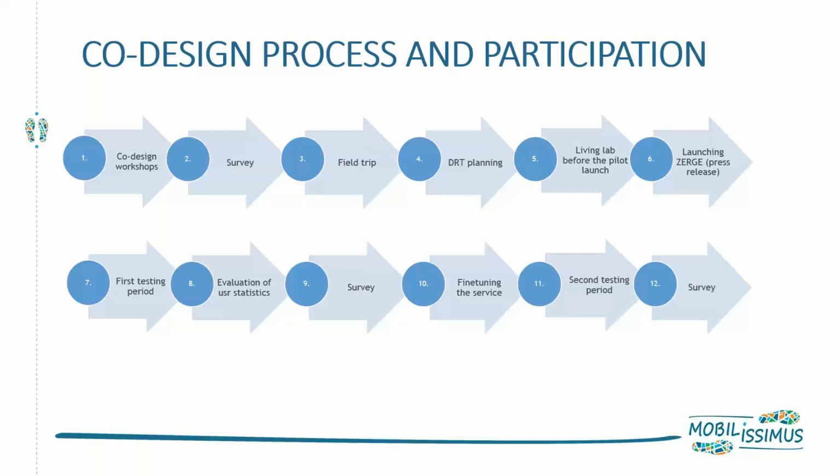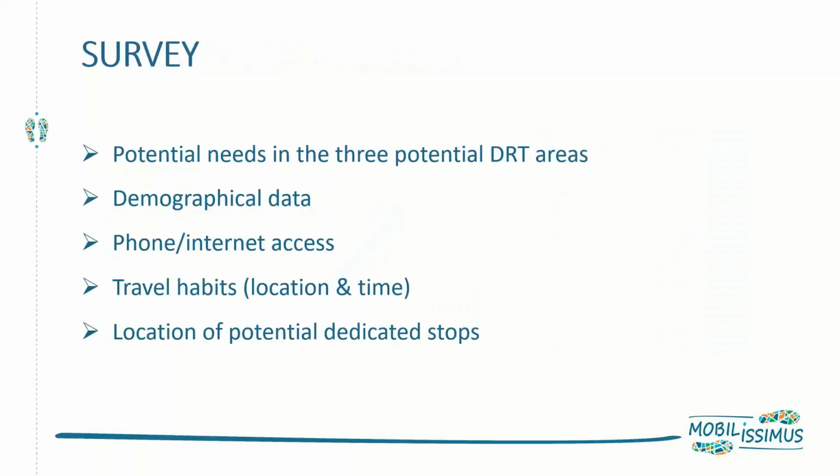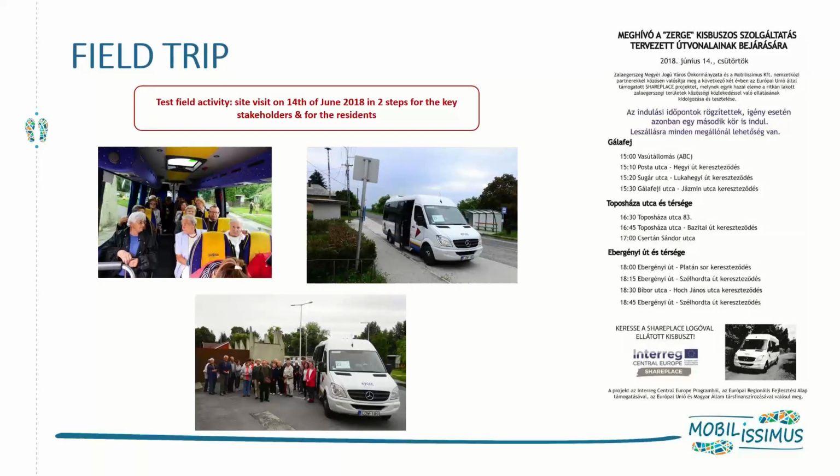Here you can see all the steps which followed the development of the project. We can go quickly through them. We started with co-design workshops, engaging policymakers and technical participants. A survey was developed to make a first contact and know better the situation of the target group.